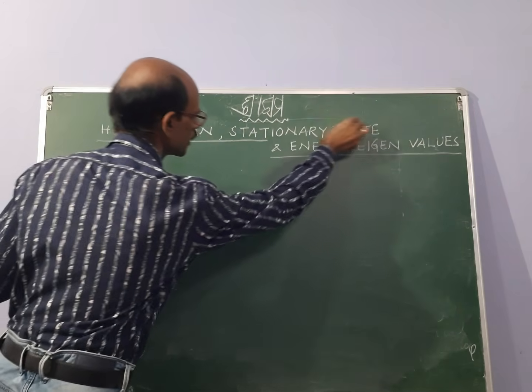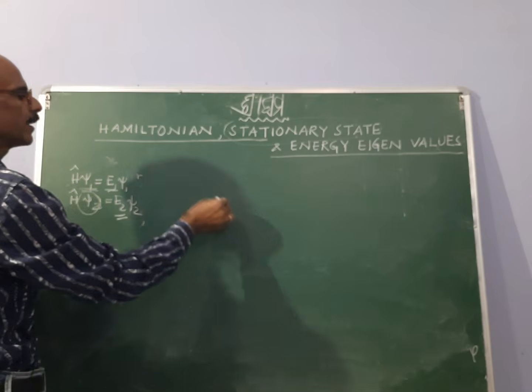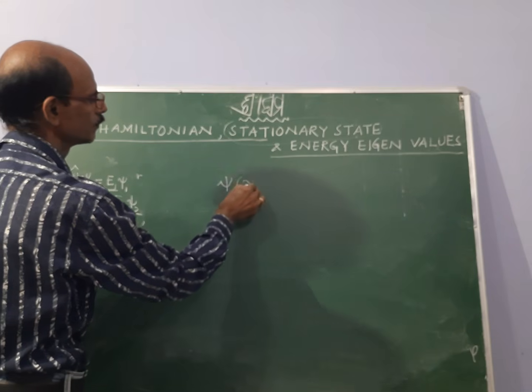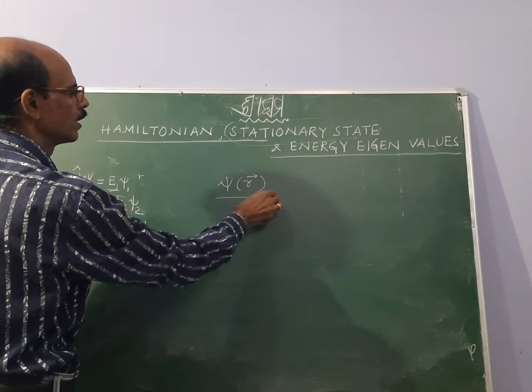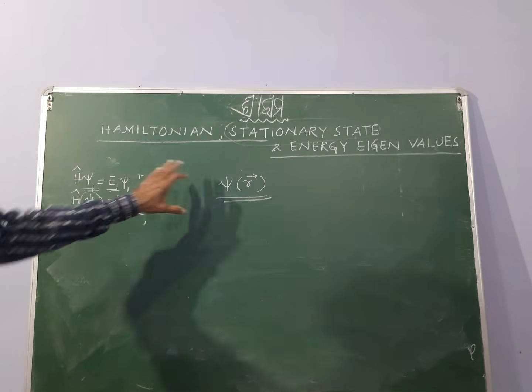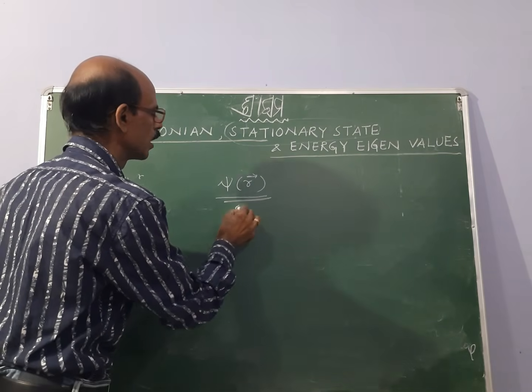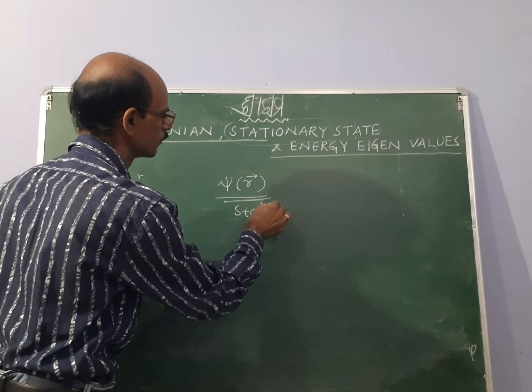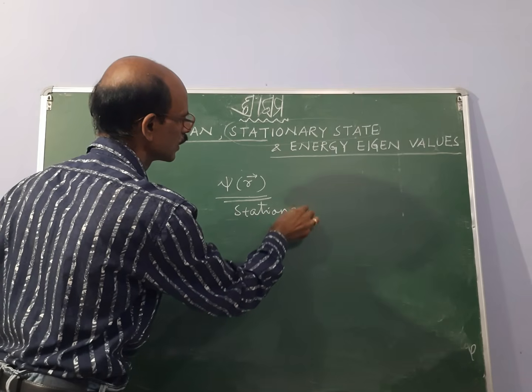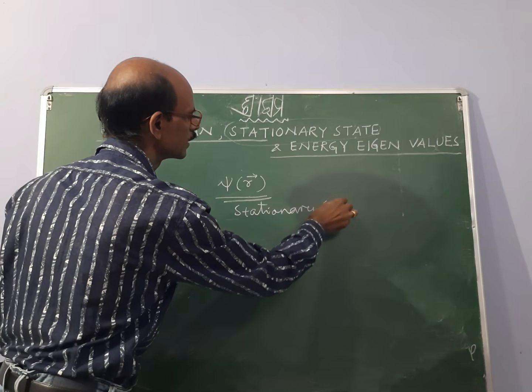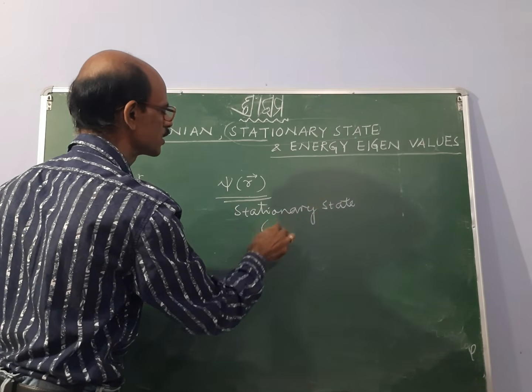Now come to stationary state. Here I am writing psi r. This quantum state is a stationary state. Why is it called stationary state? It is also called steady state.